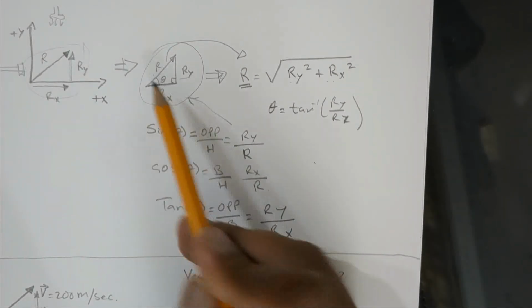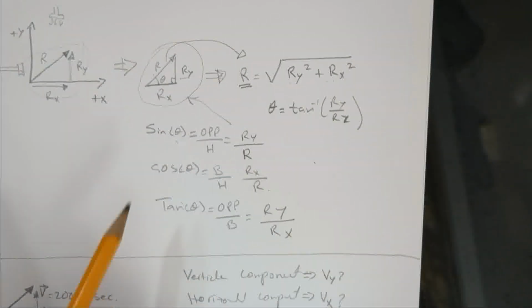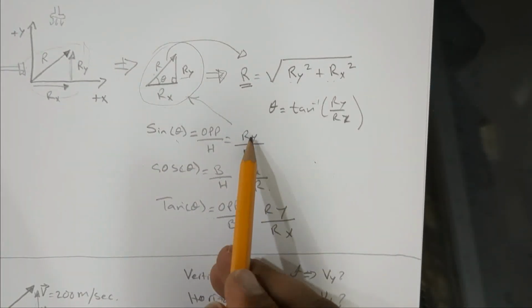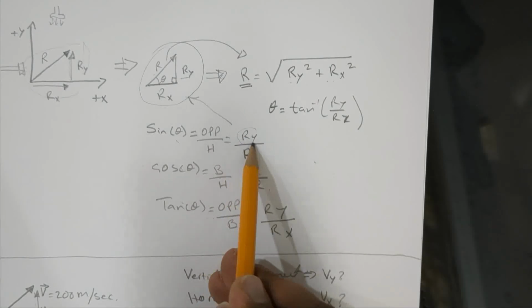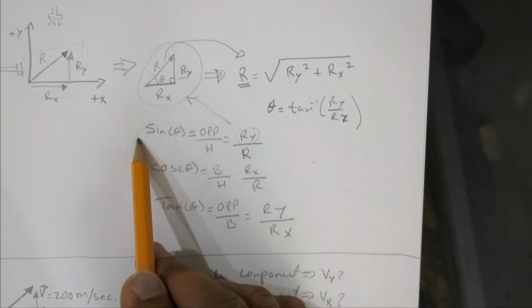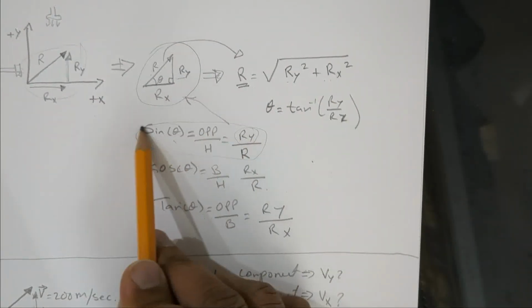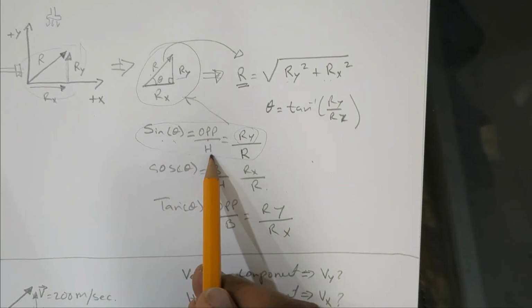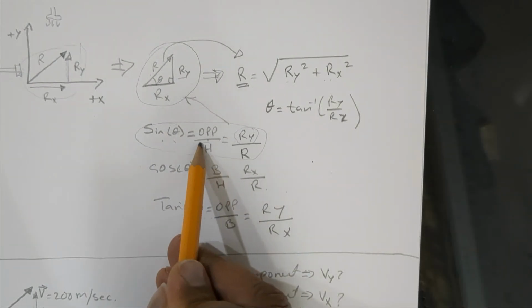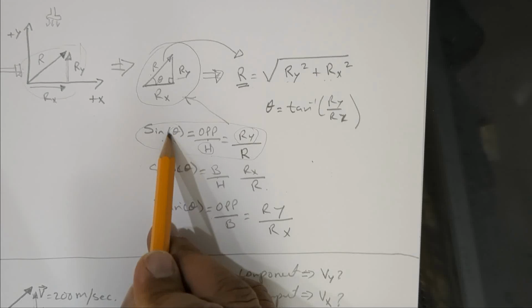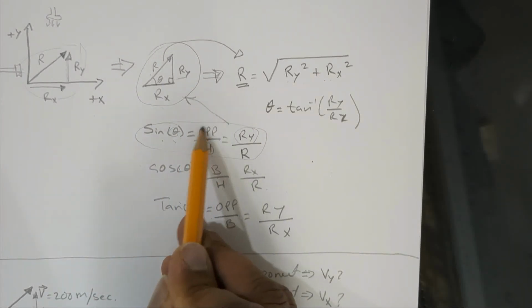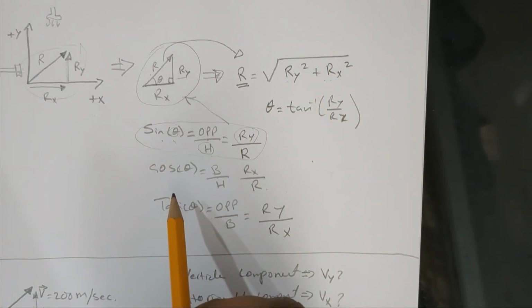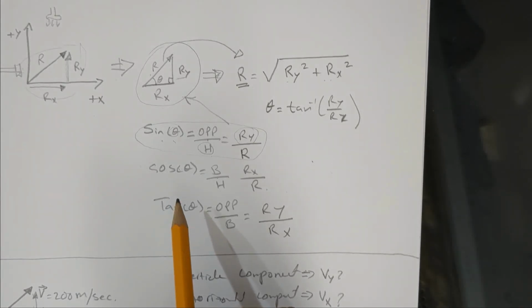And we have this theta. Which equation do you think we can use to solve for Vy? You got it, we're going to use sine. Here sine theta is equal to opposite over hypotenuse. Why? Because we know the hypotenuse, we know the theta, so we only have one unknown that will be very easy to solve.